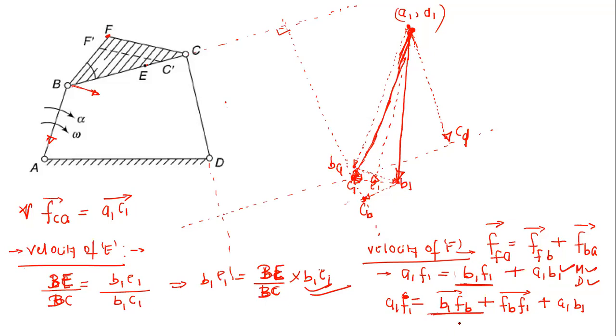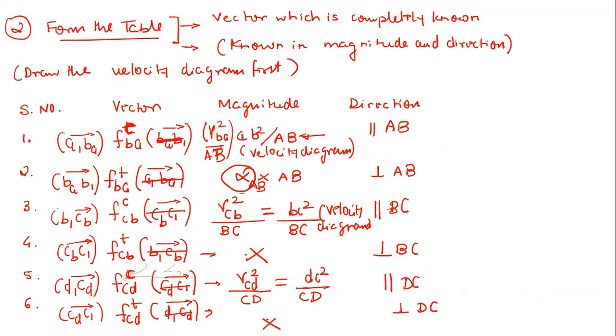Now let us come to B1 FB. Can anyone tell, is this vector completely known in magnitude and direction? Just think about that. If you go to our table, what I told you is that the centripetal components are always possible to calculate from the velocity diagram.